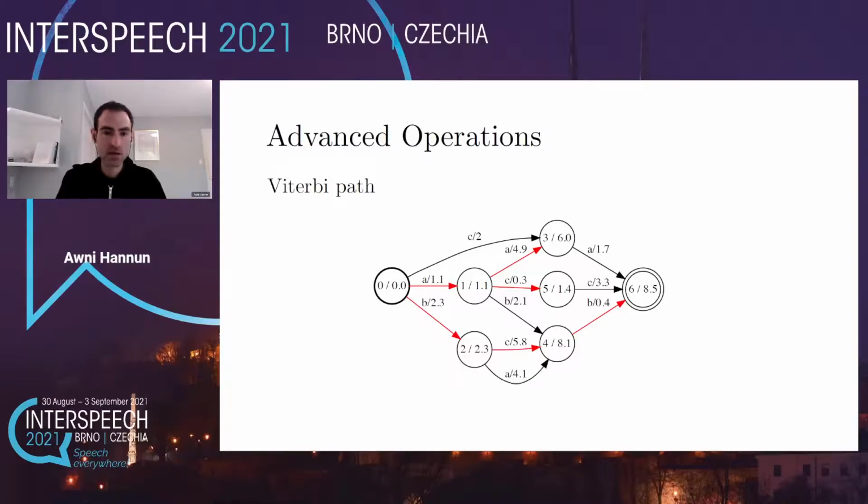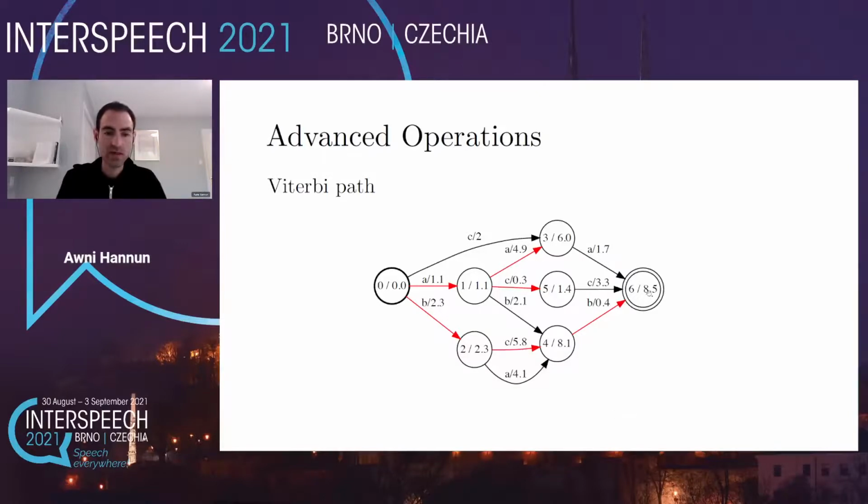Okay, so the Viterbi path, as I was saying, is mostly a matter of bookkeeping. As we're computing the Viterbi score at each node, we just have to remember which arc achieved the Viterbi score. So that's what these red arcs represent here. Each of the red arcs is the arc which, to that node, achieved the Viterbi score.